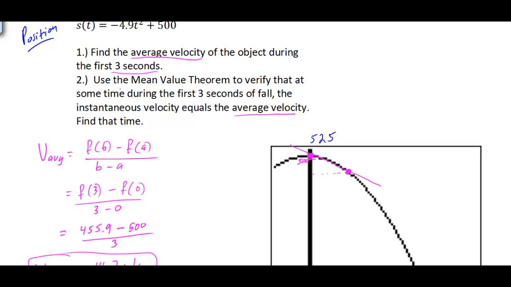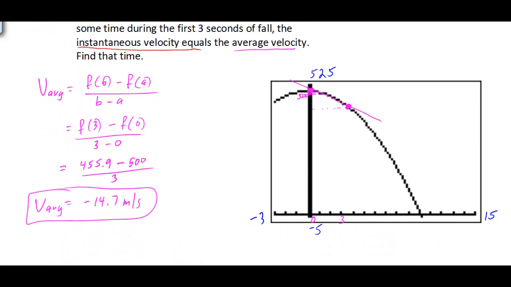All right, now number 2 says we want to use the mean value theorem to verify that there is a time during the first 3 seconds that the instantaneous velocity is going to be equal to the average velocity, and they want us to find that particular time. So somewhere from 0 to 3, we want to find that c value in here.